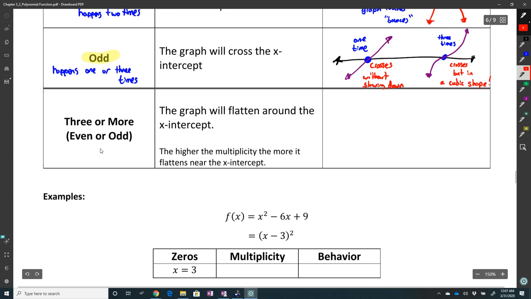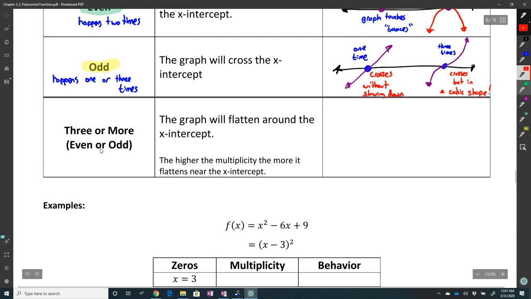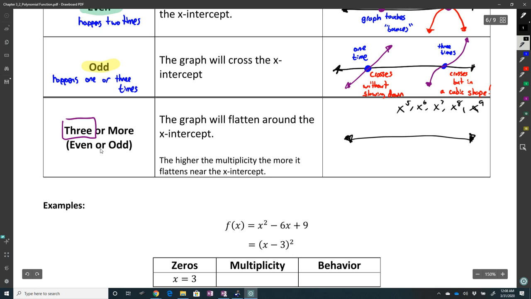Now, because of their power functions, you only have to focus on 3. But in theory, the higher the exponent, the more it flattens. So in this class, we're not going to have to worry about this. But if it was like x to the 5th, x to the 6th, x to the 7th, x to the 8th, x to the 9th, things like that, then all that would happen is it would keep the same bounce, so even, odd.